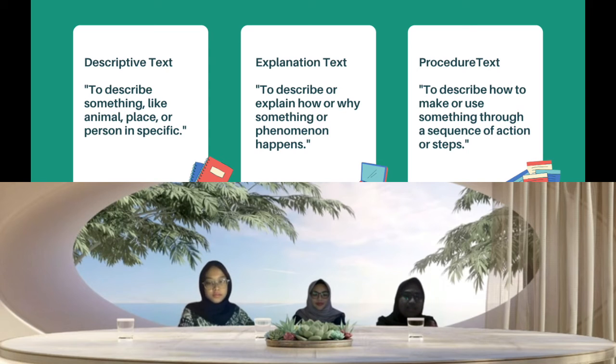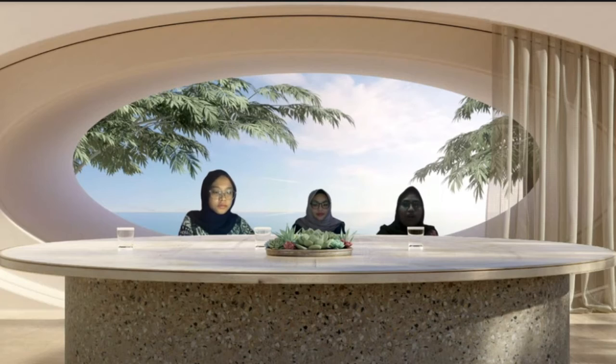Descriptive text has the function to describe something like people, place, or animal in specific. But procedure text has the function to describe how to make or use something in a sequence of actions or steps. But explanation text has the function to explain how something can happen, like a phenomenon.